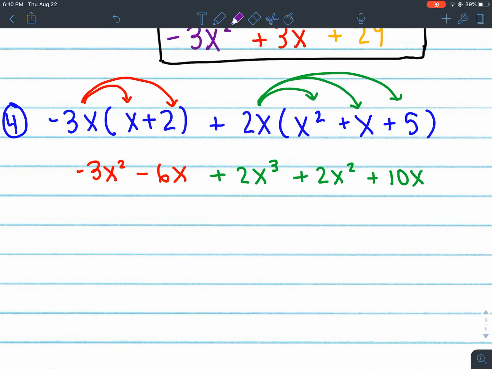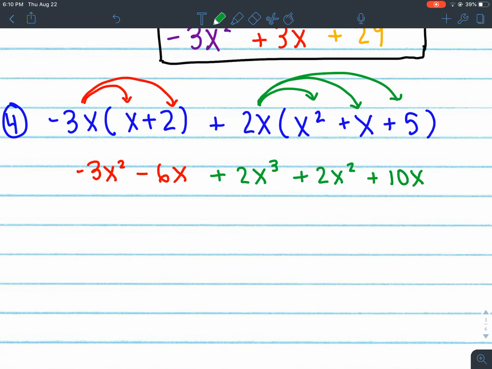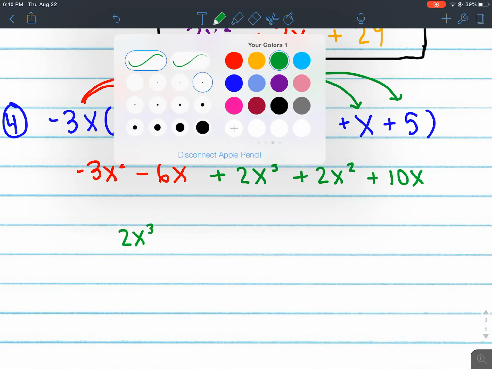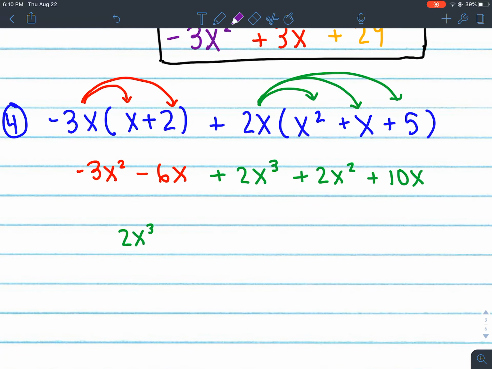And now I'm going to look for my highest exponent, and my highest exponent is 2x cubed. No like terms with that, so I'm going to go ahead and just write that down. Okay, the next one I see is negative 3x squared and positive 2x squared, right? So you want to start the next highest exponent. That's going to be negative x, oh, sorry, x squared, my bad.